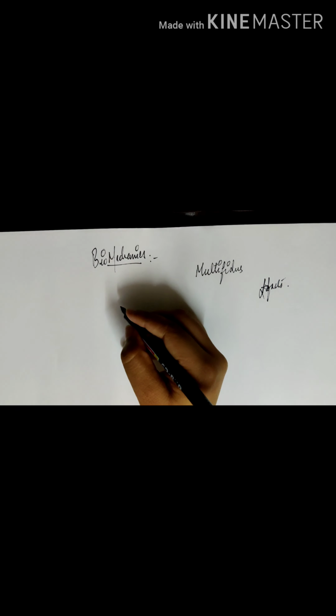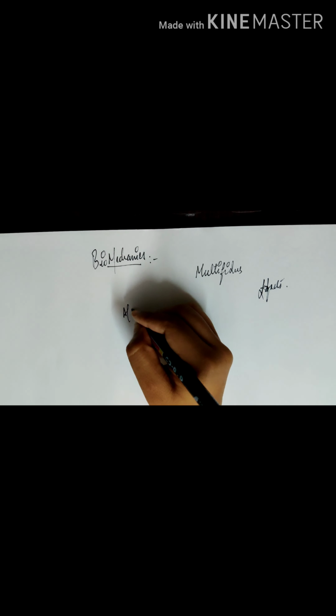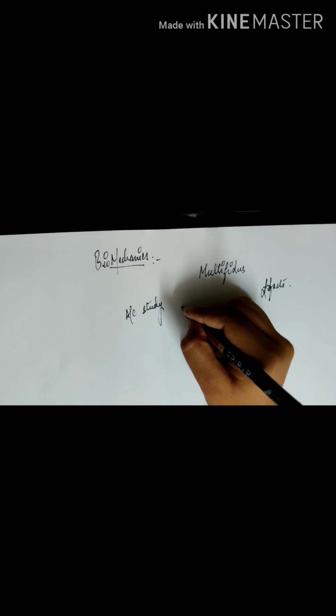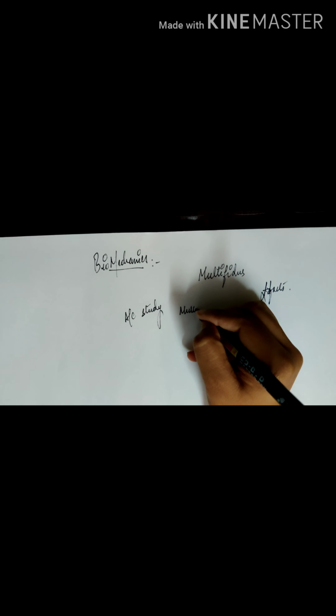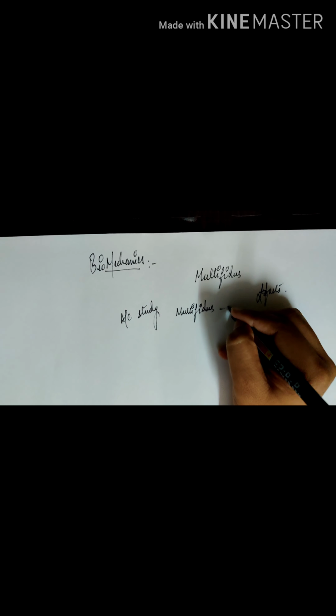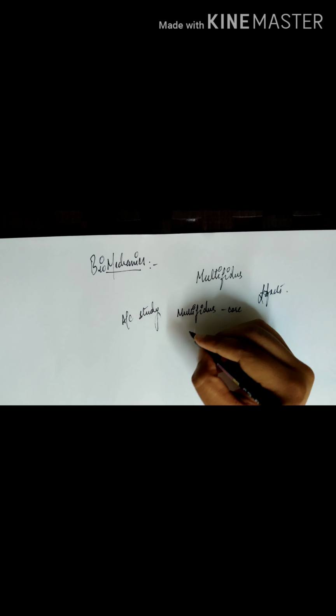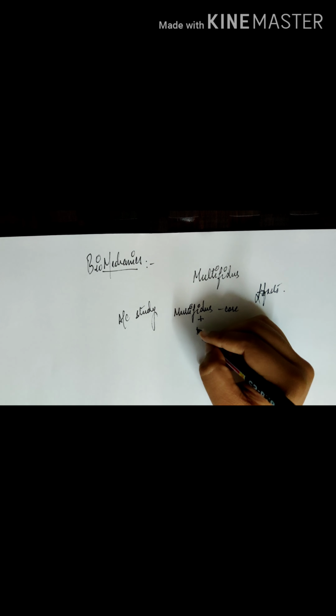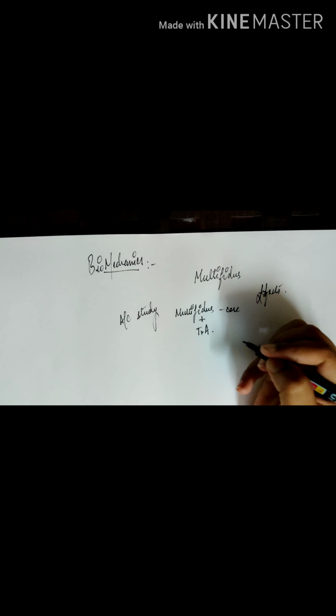Firstly, according to the studies, it is shown that the multifidus is also a part of the core, which we all know, and the core is continuously engaged in any kind of activity. So the multifidus works along with the transverse abdominis muscle.